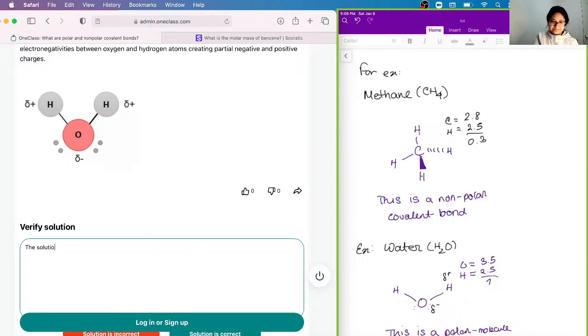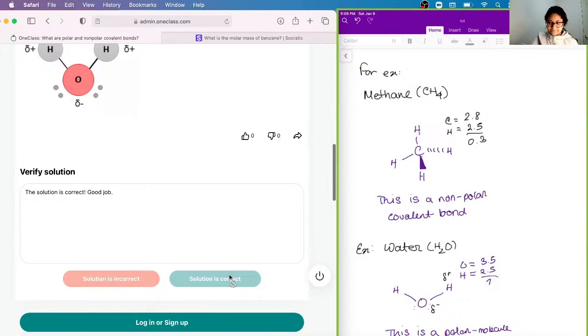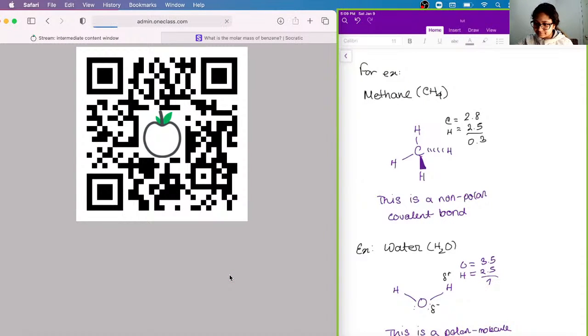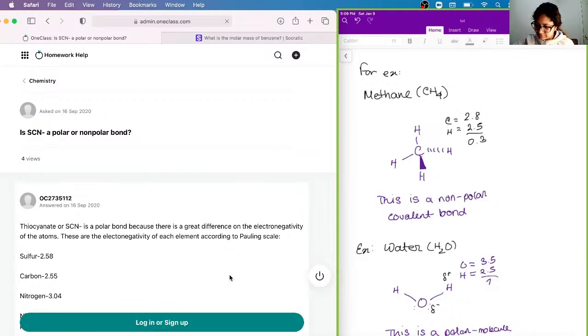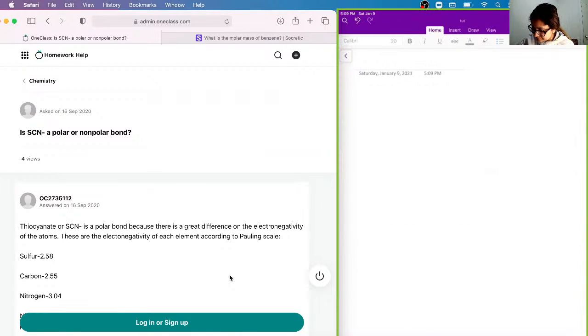The next question asks, is thiocyanate a polar or nonpolar bond?